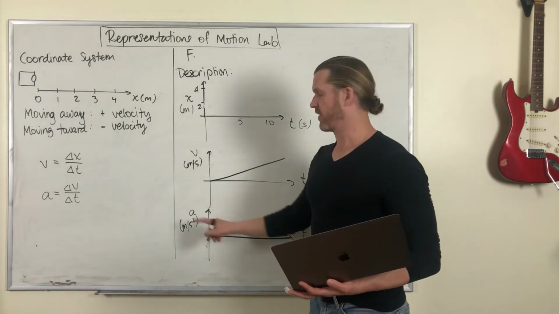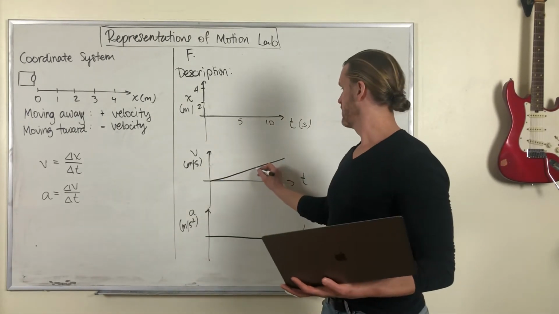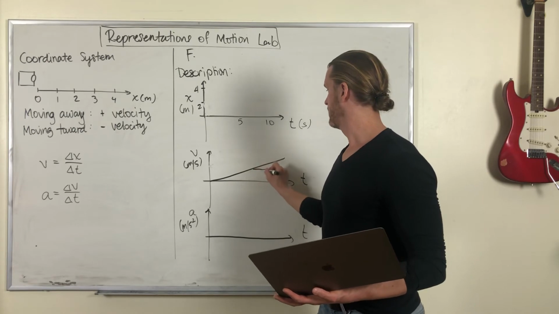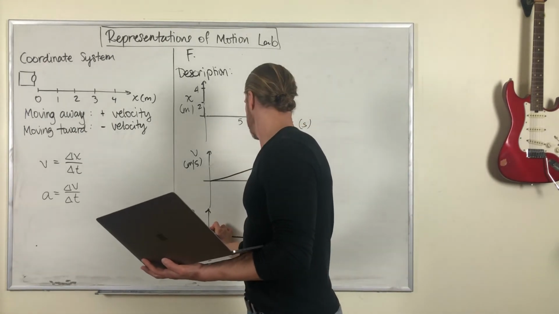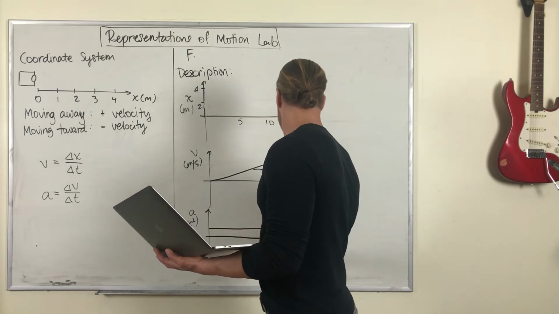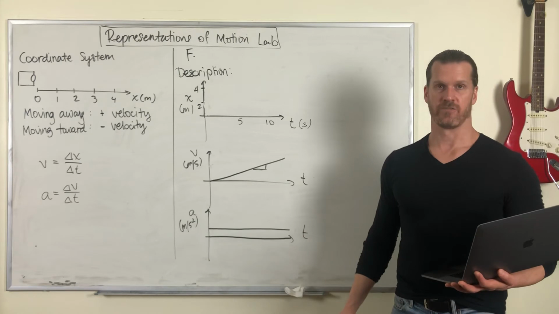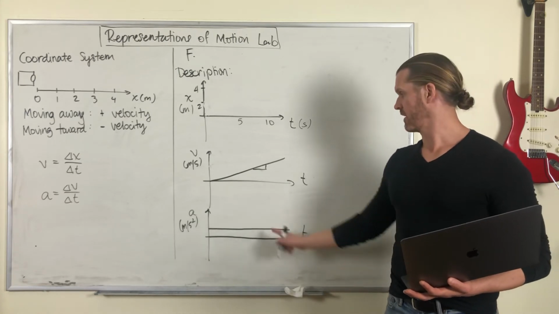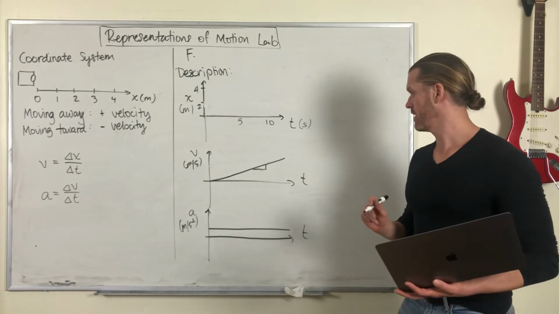Now, because acceleration is the change in velocity over time, or the slope of this line, acceleration is a constant positive value. It's some constant number that equals the slope of that velocity graph.